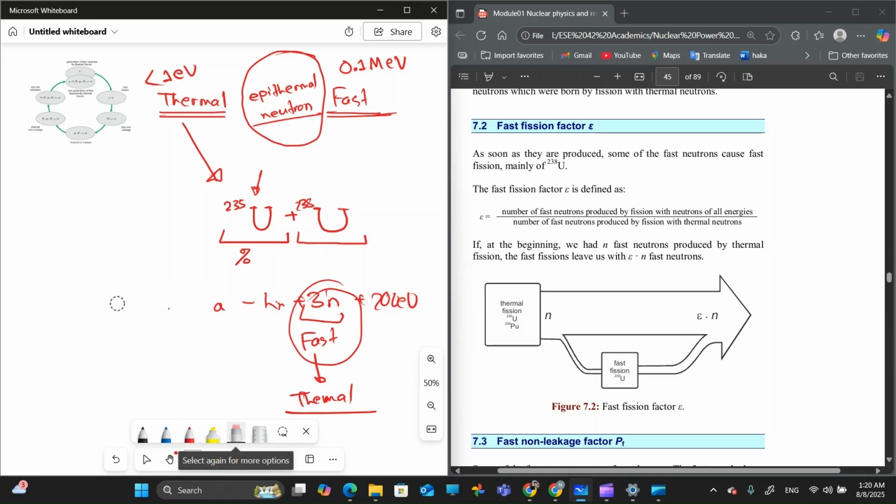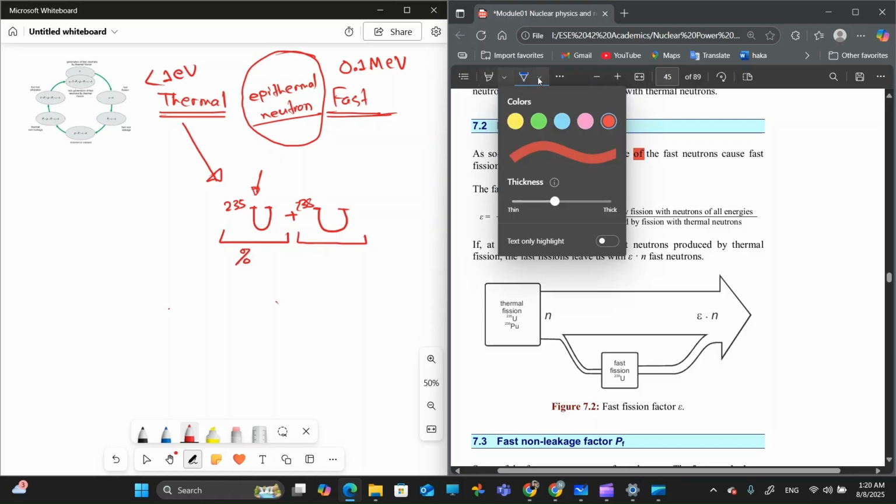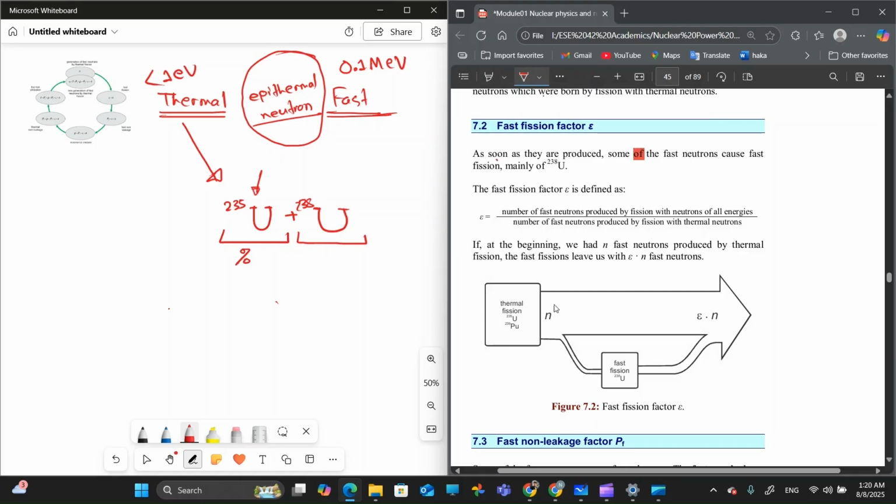So in the beginning of our reaction, we have n number of neutrons. Now what happens? These n neutrons come from thermal fission reaction, and at first they are fast neutrons, and they have more cross section with uranium-238.